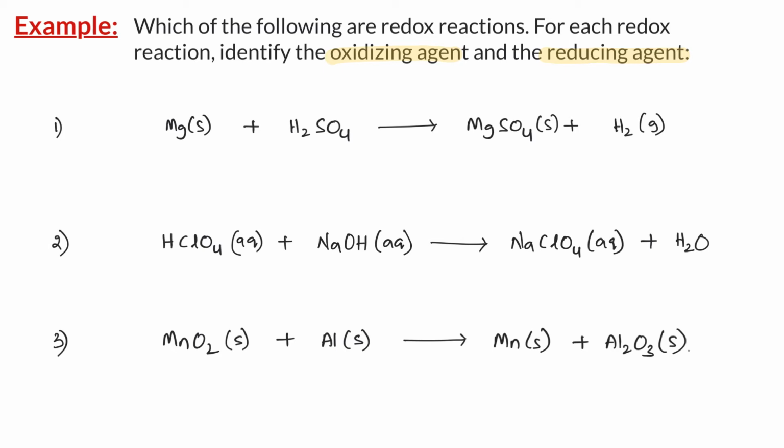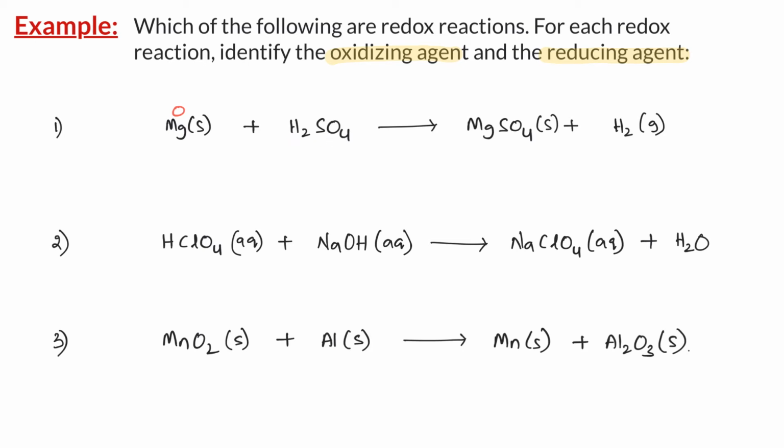Let us assign the oxidation numbers for reaction 1. On the reactant side, magnesium is in its elemental form. Therefore, its oxidation number is 0. Next, sulfuric acid. Hydrogens are in combination with sulfur and oxygen.